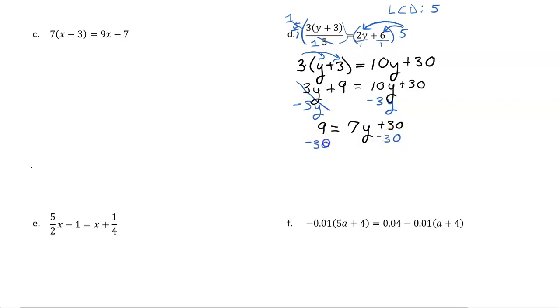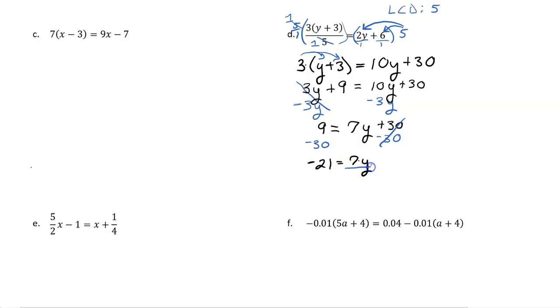Of course, once you get the hang of this, you can maybe skip a few of these steps or combine some of these steps into one, which is perfectly fine. 9 minus 30 gives me a negative 21 is equal to 7y. That's 7 times y.